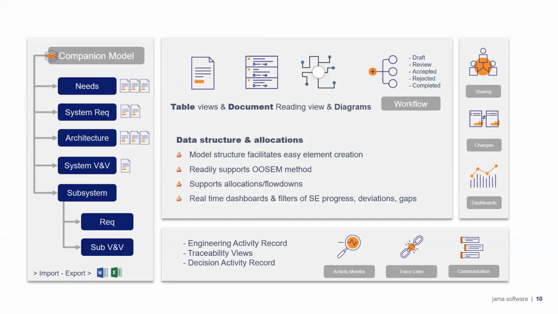Jama Connect lets you surface real-time data and display it on the model dashboard. Dashboards can be a central place for any stakeholder, technical or non-technical, to come away with an understanding of the current status of the systems engineering effort.